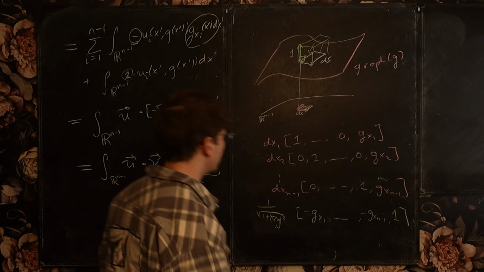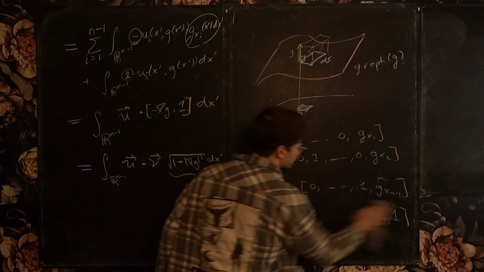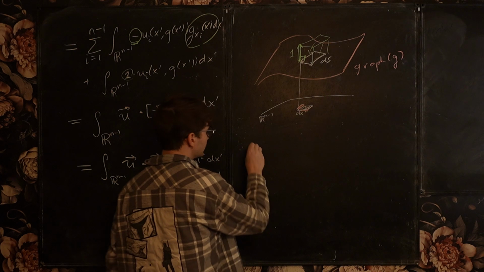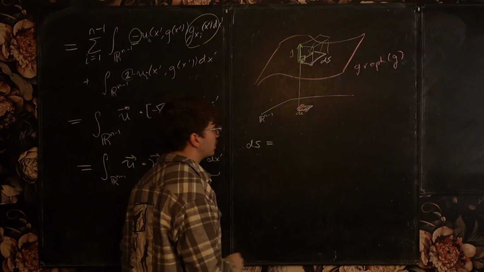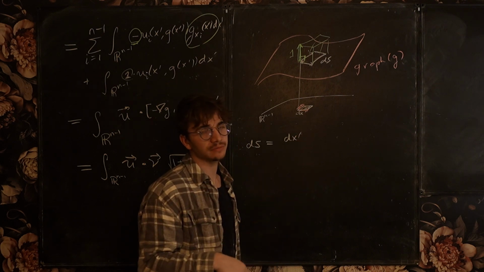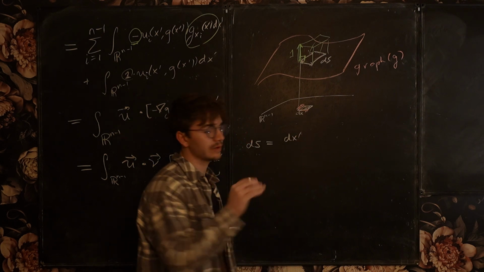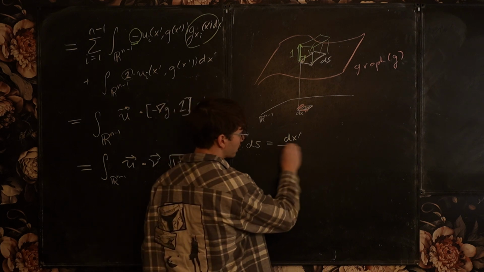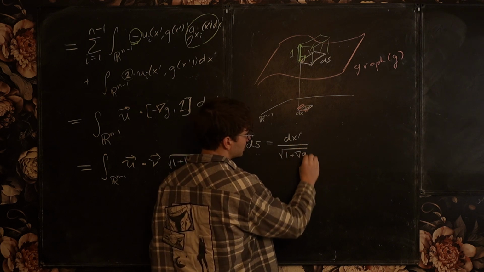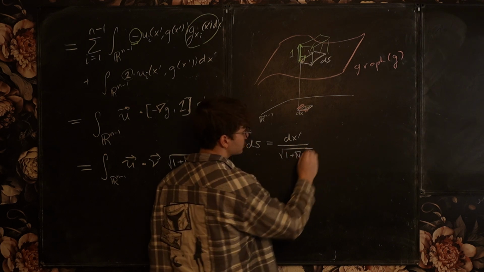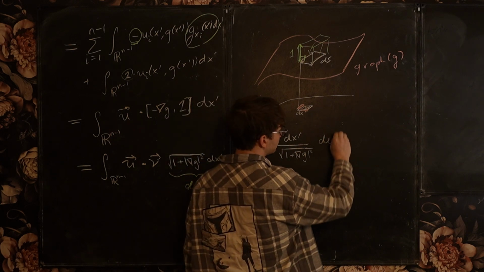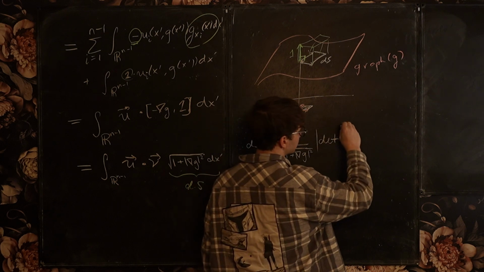So in particular, what we just discussed is that ds is going to be this dx prime, which is dx1 times dx2 all the way down to dxn minus 1. We're going to pull out the scaling factor of the nth vector, which is 1 plus grad g squared. So these are all the scaling factors of these vectors. And then I need the determinant of the matrix.